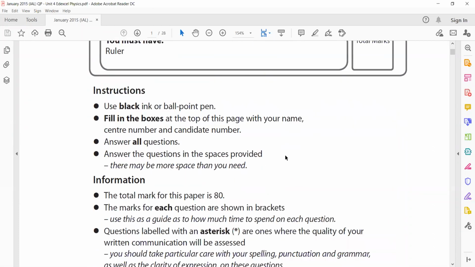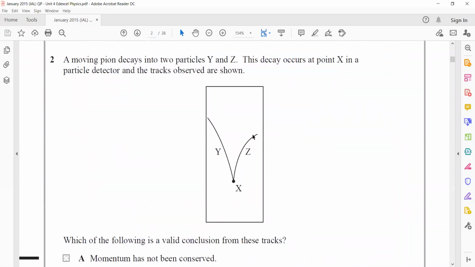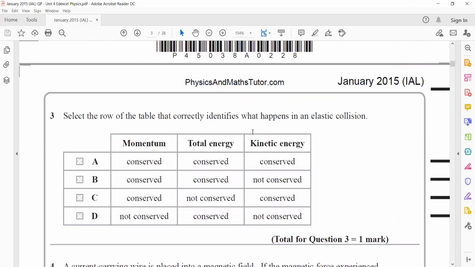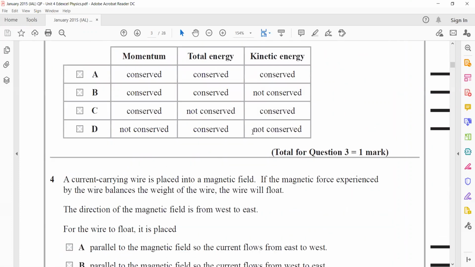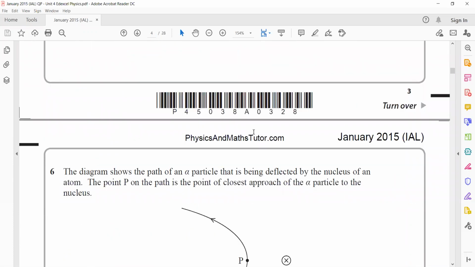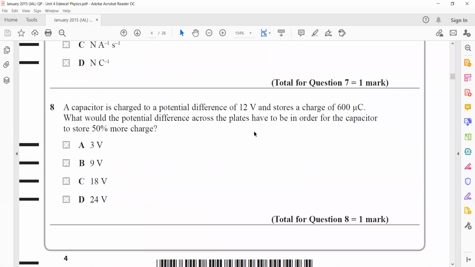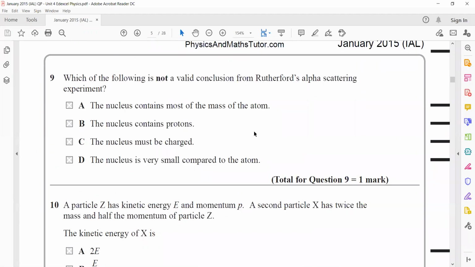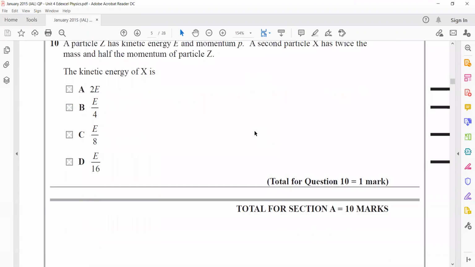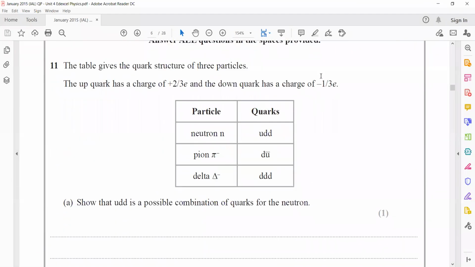This one is January 2015. The table gives the quark structure of the three particles.